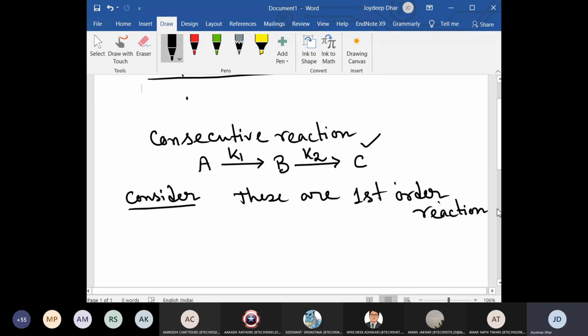There are two steps, A to B and B to C, both first order with respect to the reactant.